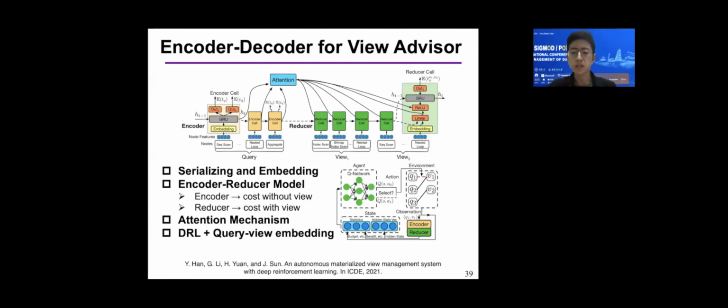Next, they utilize an attention mechanism to learn the relations between the query plan trees and the view plan trees, and will take both the attention vector and the hidden vector of the encoder-reducer model as the state vector of the RL architecture. In RL, it takes the attention and the embedding vector as the state, and the agent decides whether to implement which MVs based on the state features, like common subqueries that do not have MVs.